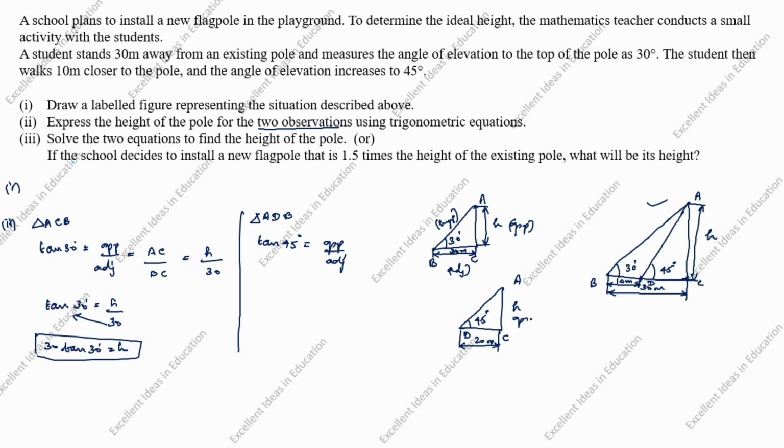The side opposite the angle is the opposite. The biggest side is the hypotenuse. The other side is the adjacent. Opposite is AC divided by adjacent DC. AC is H, DC value is 20. Tan 45 degrees, cross multiplying, 20 tan 45 degrees equals H. You see here, we express the height of the pole. No need to simplify this one. This is the answer for the second question.